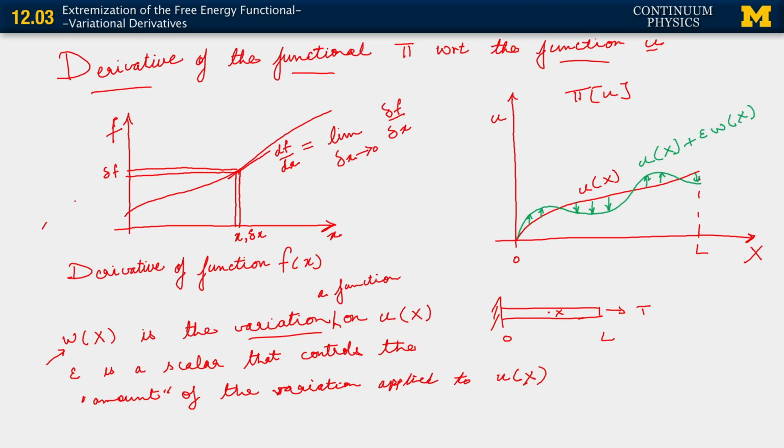What you should be noticing now is that we are taking this original idea of how we took derivatives of functions from first principles by doing a variation on x, and beginning to generalize it to this notion where we have a functional whose argument is the entire function. Because now we're talking of how to vary the function and what it means to vary the function. So keep that in mind.